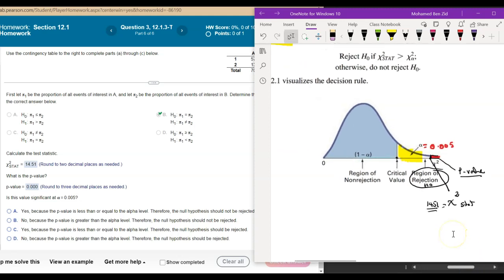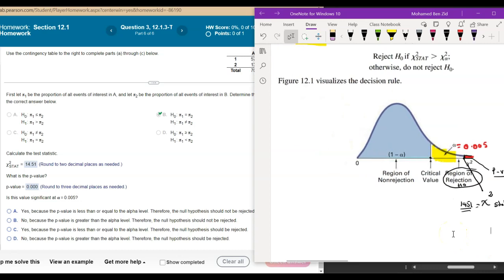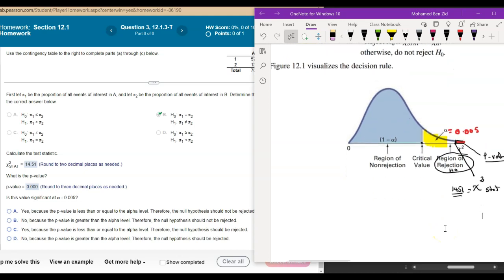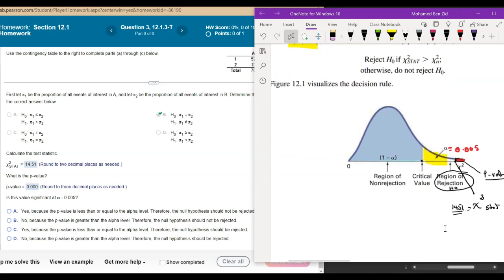We are not going to do this process again, so I'm just putting the formula one more time. Very similar to this statement here: reject H0 if the chi-squared stat is greater than chi-squared alpha. We're going to add another rule: reject H0 if the p-value is less than the alpha value.